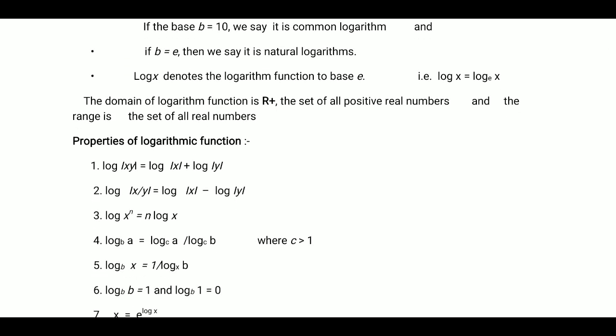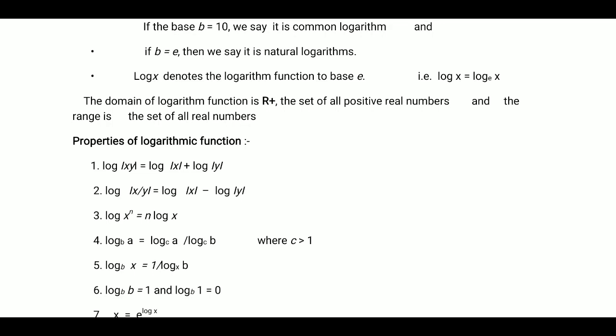Now the properties of the logarithm function: log xy is equal to log x plus log y. Here I am taking mod xy, meaning log is defined only for positive numbers. So log absolute xy is equal to log absolute x plus log absolute y.